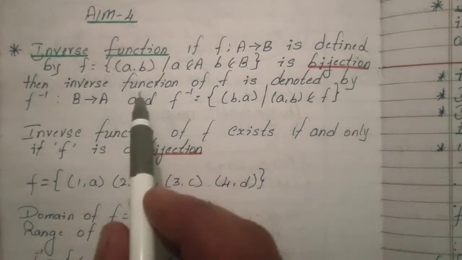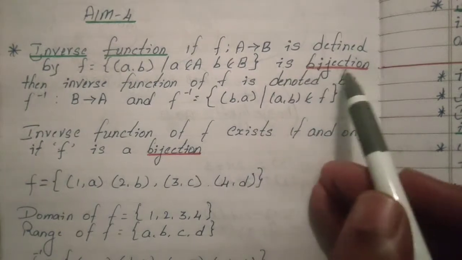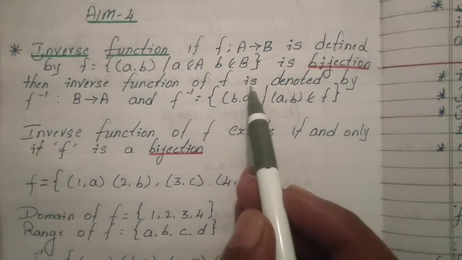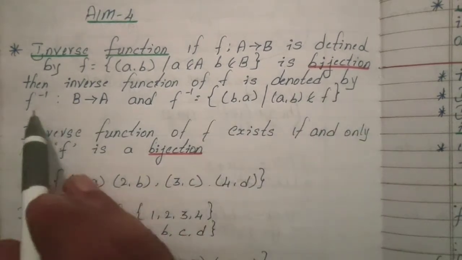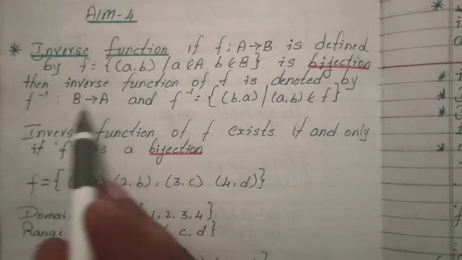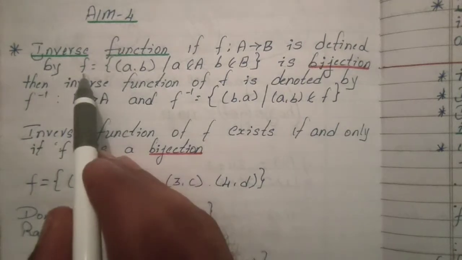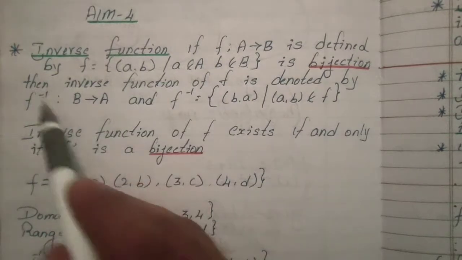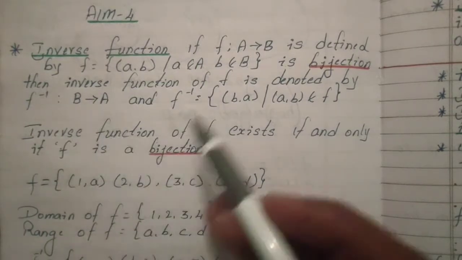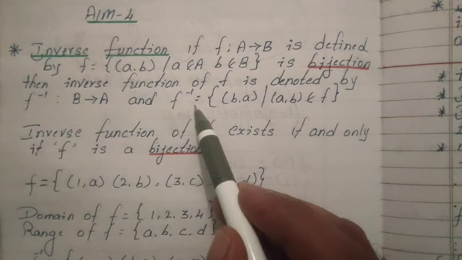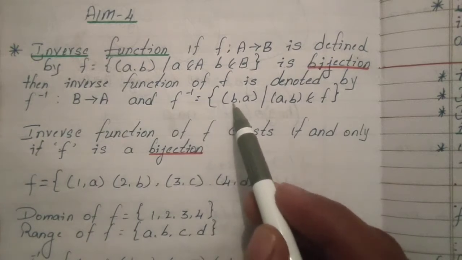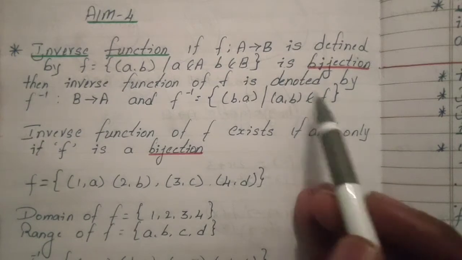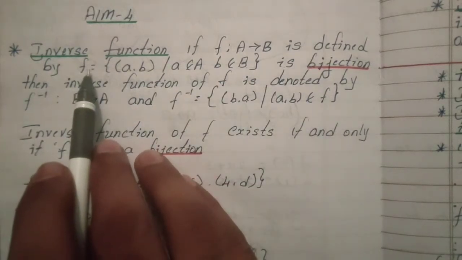Now, if the function is a bijection, then the inverse function of f is denoted by f inverse from B to A. Here f is from A to B, f inverse from B to A, and f inverse will be defined as {(b, a)}, where (a, b) must belong to function f.